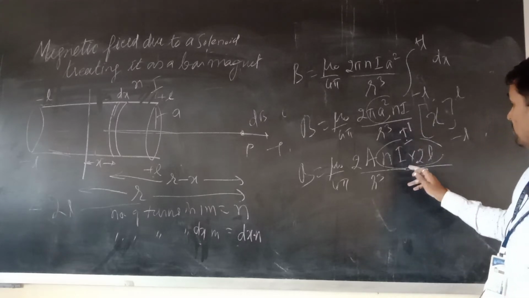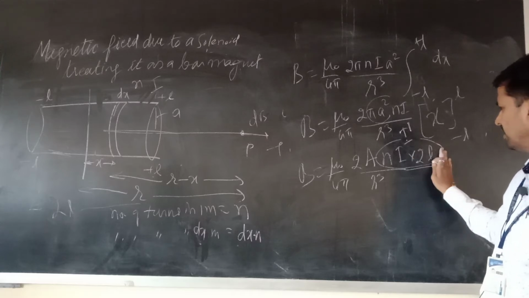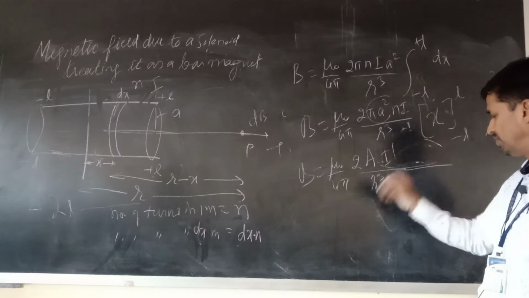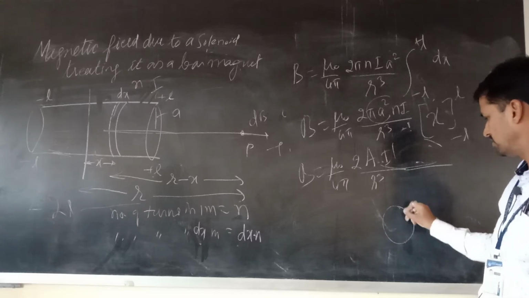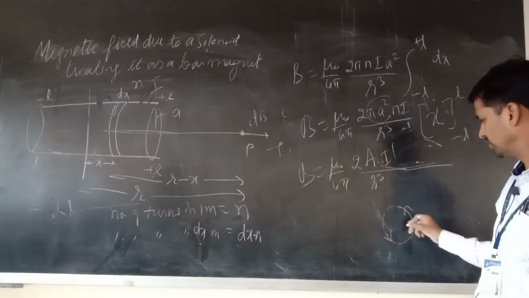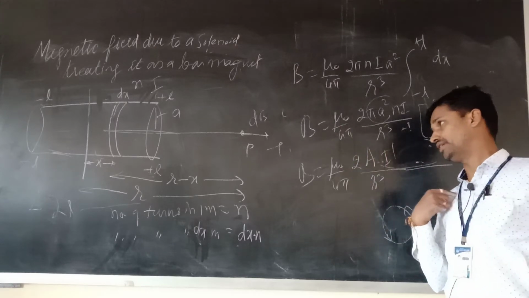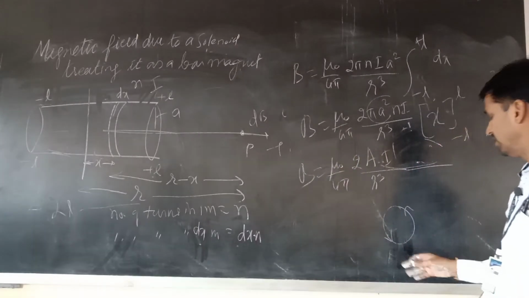Next. This entire thing I will erase, you can reverse the video and see. This entire thing is, children, I dash. Please concentrate. Listen. If current is flowing in the anticlockwise direction with respect to me, the magnetic field is towards me.